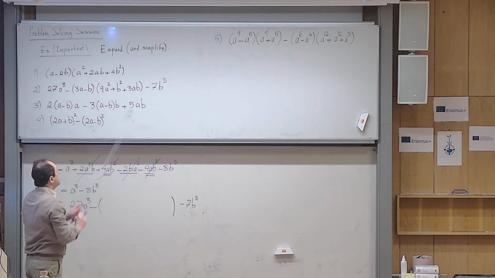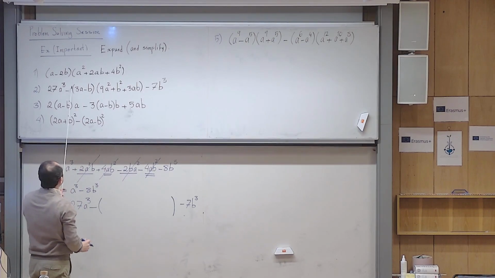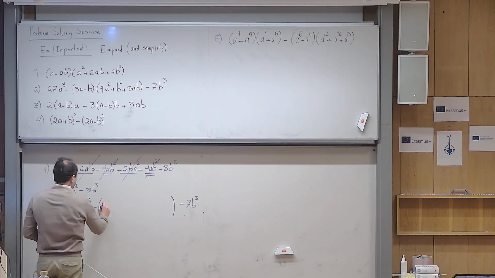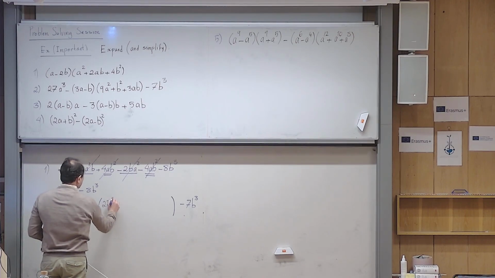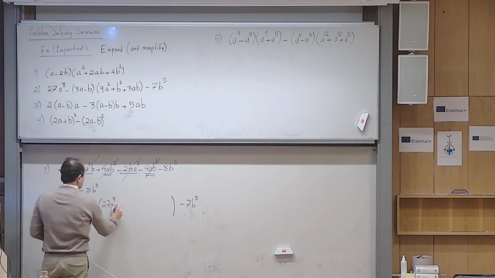So you see, you just think this is very similar to the previous problem. Do it again. So 3a, don't think about this minus sign. I keep it here. 3a times that one is 27a cubed. This one times that one is 3ab squared.